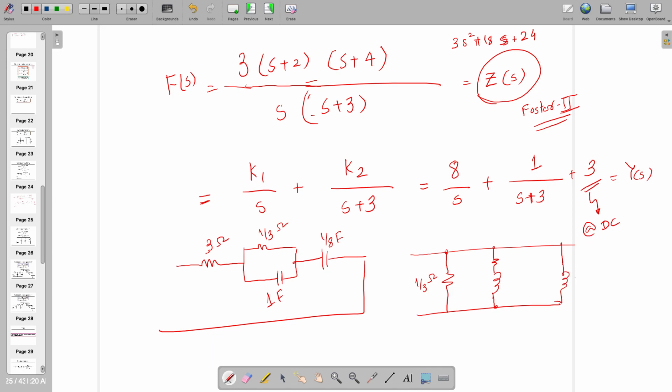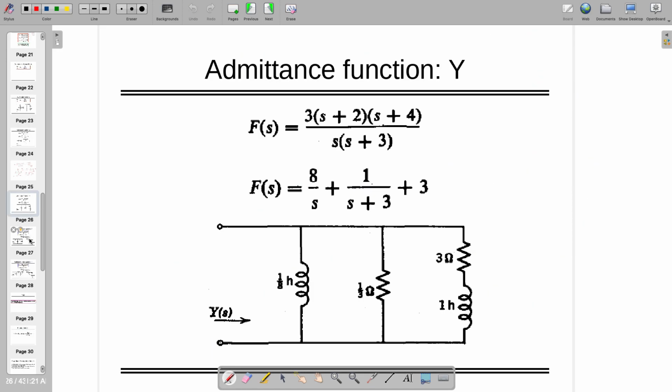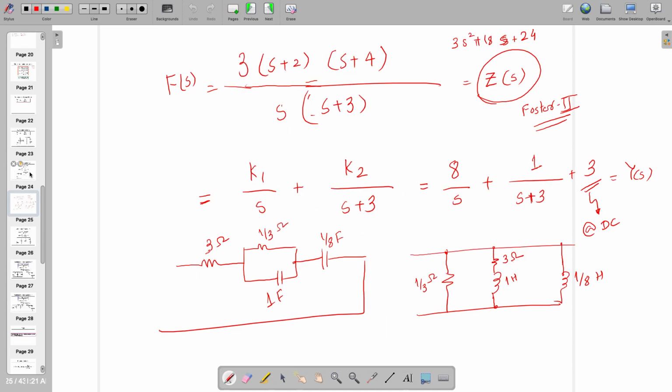Inductor value is equal to 1 by 8 Henry. What do you think about this resistor value? 3 ohm, and this will be again 1 Henry, right? So that's fine, right? We have found out these things.